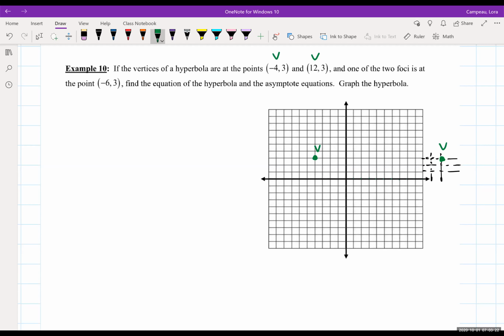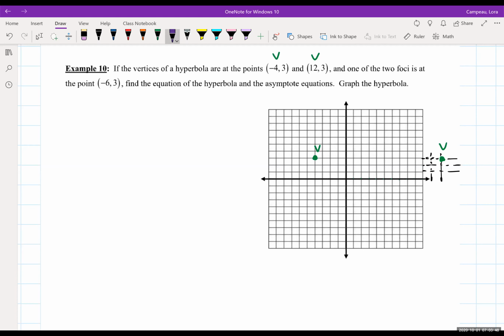Right away, just by plotting the vertices, I can see that they're on a midline. I'll draw this for now. They're on a midline that is parallel to the x-axis. So it's a horizontal axis. So what we're looking at is a horizontal hyperbola.